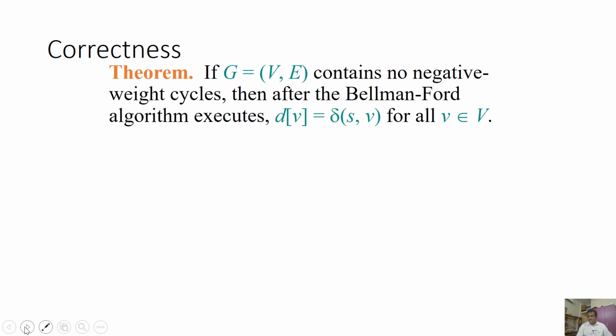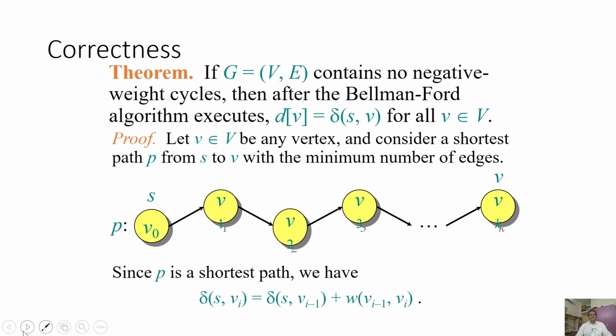Now, what is the correctness of this algorithm, why is it working? The correctness we can prove by this theorem. If there is no negative weight cycle, then at the end of the algorithm, Bellman-Ford should give us the d value of each vertex as basically delta of s comma v. So, that is the theorem. We are going to prove this theorem.